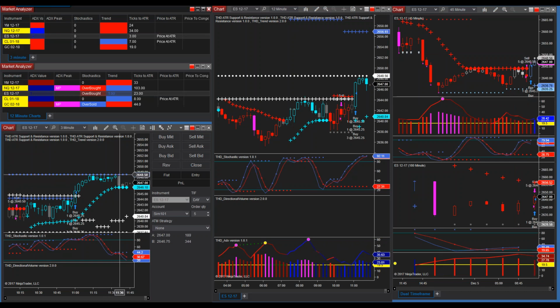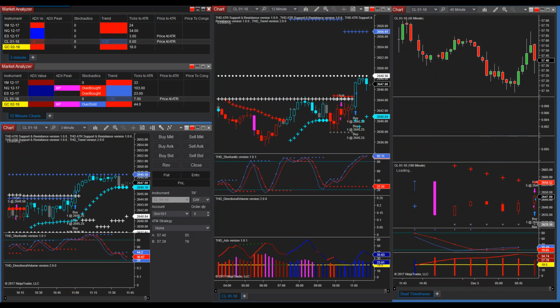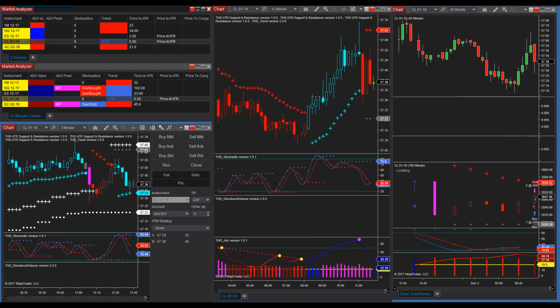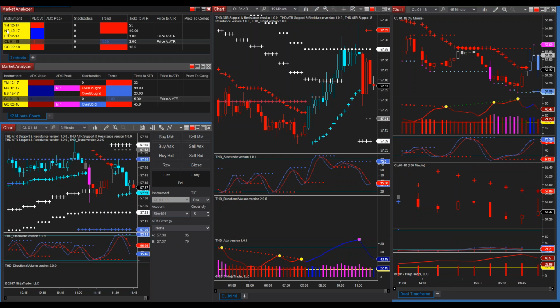You can see that here, 26.48.50. Let's go look at crude again. When I see the blue and the white like this, immediately I know I don't want to take a trade. So that one's pretty easy. Any questions so far, guys?